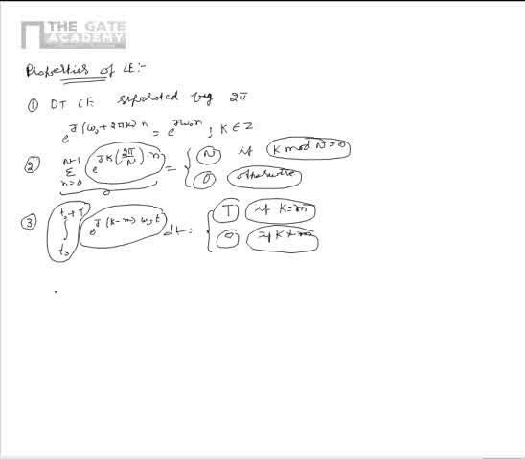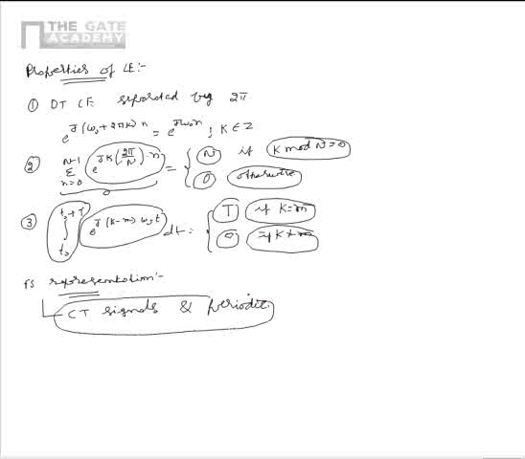Now let us look into the Fourier series representation of the signals. As we have seen before, the Fourier series representation is for continuous time and periodic signals.